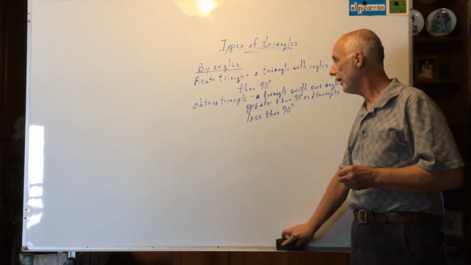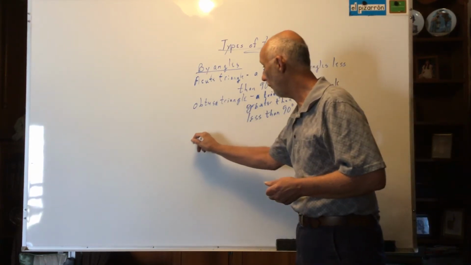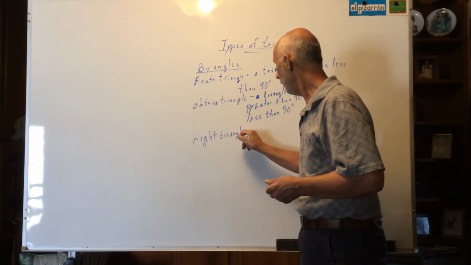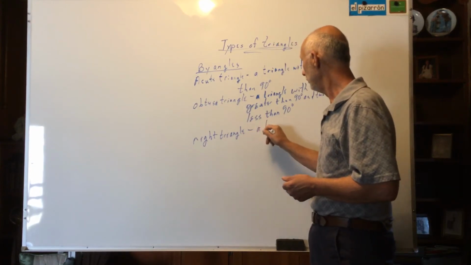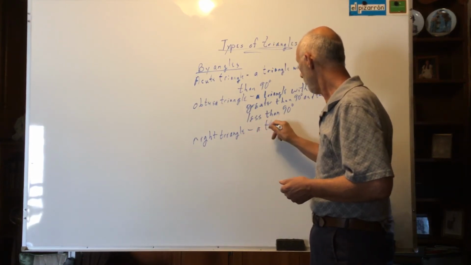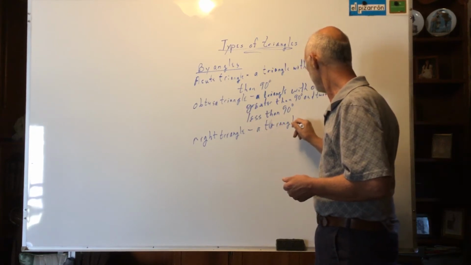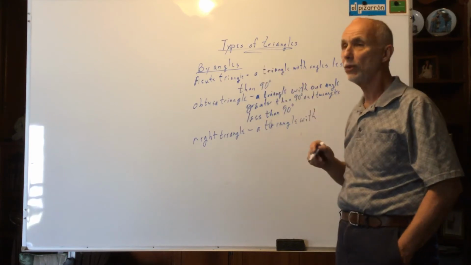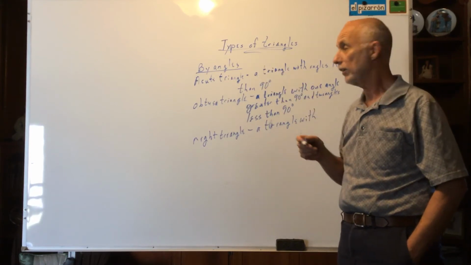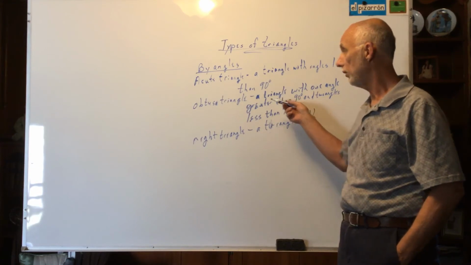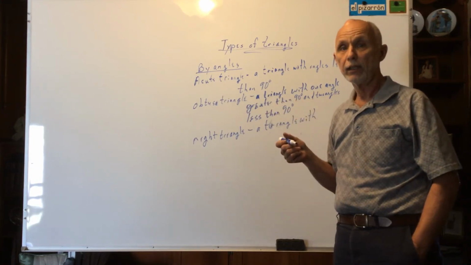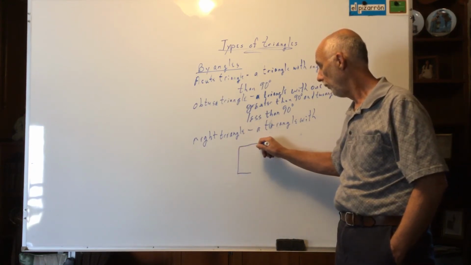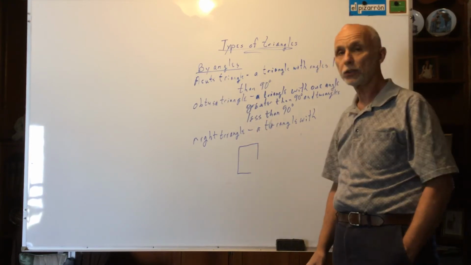Now, the last type by angles is called a right triangle. And a right triangle is a triangle with what? Does it have all three 90-degree angles, like an acute has all three acute angles? Or does it have only one 90-degree angle and two obtuse angles, like an obtuse triangle had? Let's see. Let's draw a right angle, and another right angle, and another right angle, and is that a triangle?